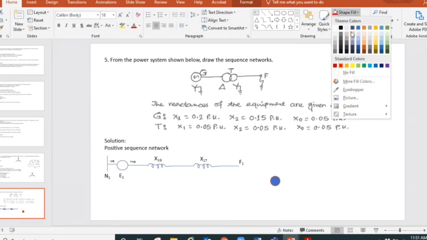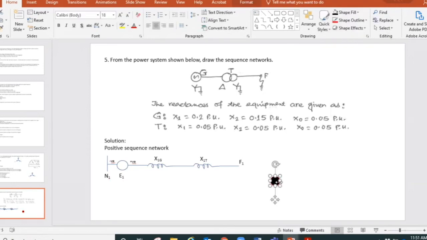Let's put black. So that's the fault point. Now I'll make it small. So that's the fault point F1.